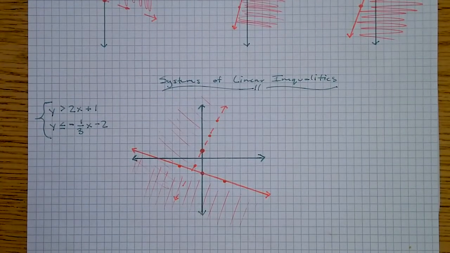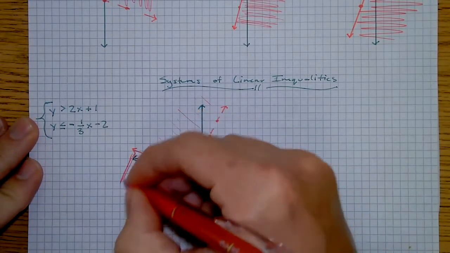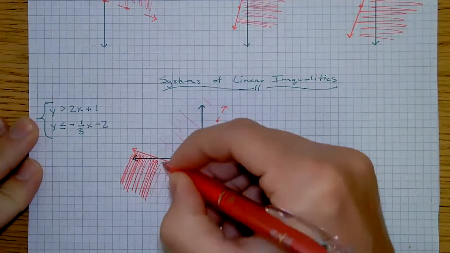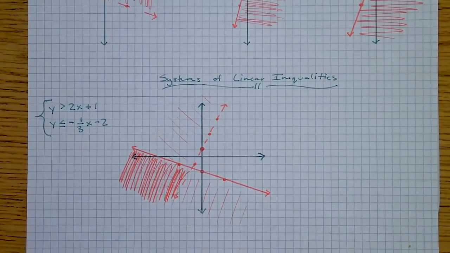Because what we're really looking for is where do they overlap? In this case, that would be in that region there.